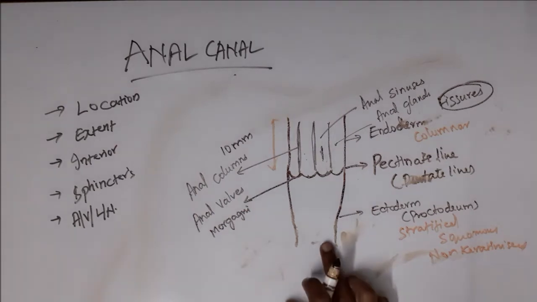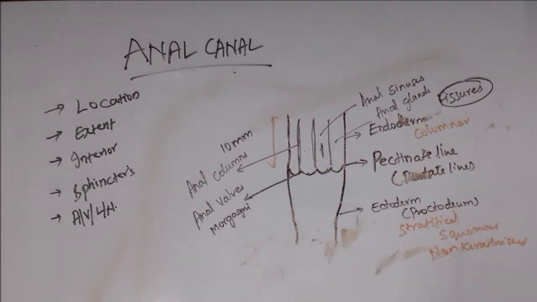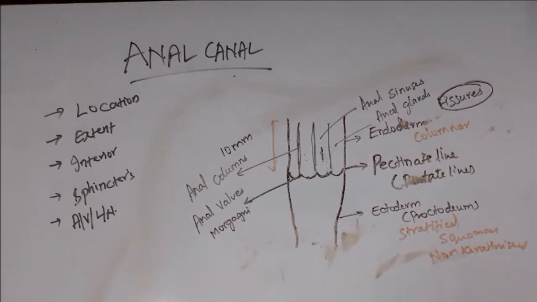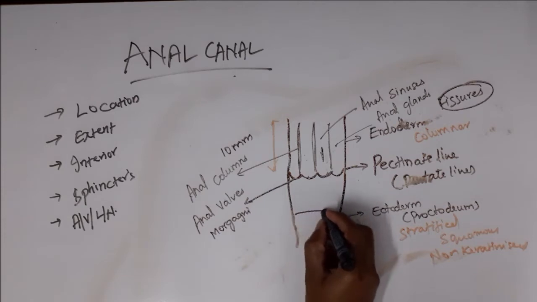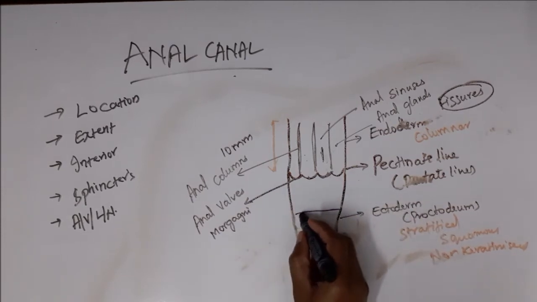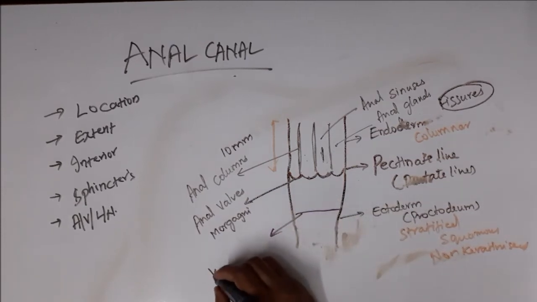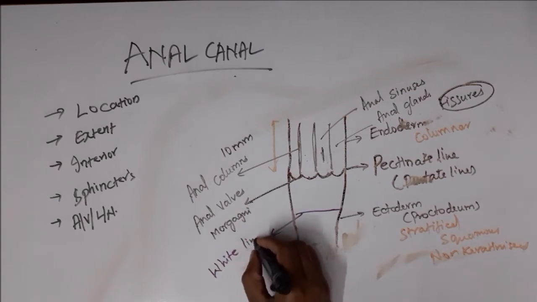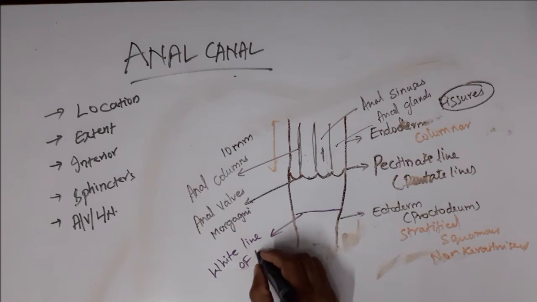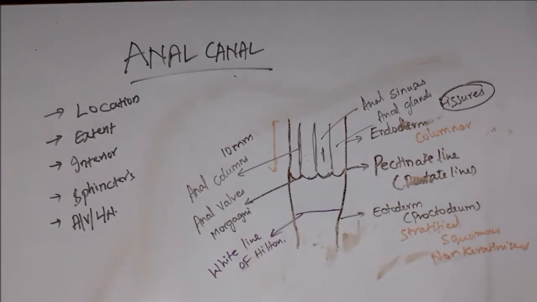Then coming to the part below the pectinate line, that is again divided into two by a line called the white line of Hilton. This which I am demarcating with a different color is the white line of Hilton.